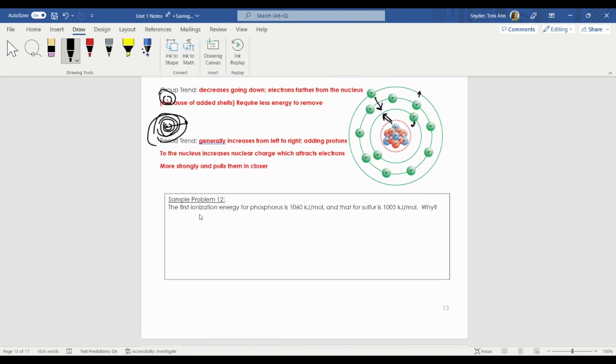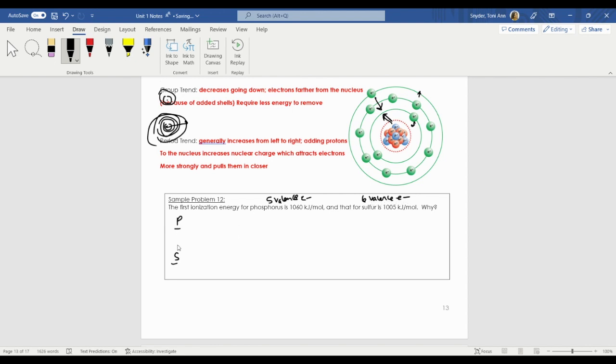The first ionization energy for phosphorus is 1,060 kilojoules per mole, and for sulfur, it is a little bit less than that. It's 1,005 kilojoules. Phosphorus has 5 valence electrons, whereas sulfur's got 6.